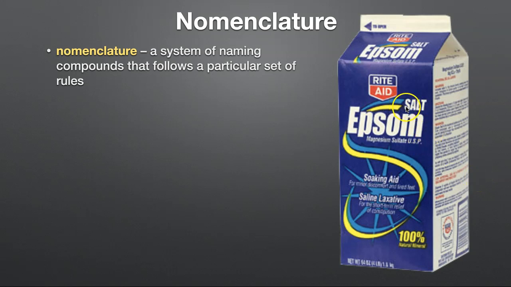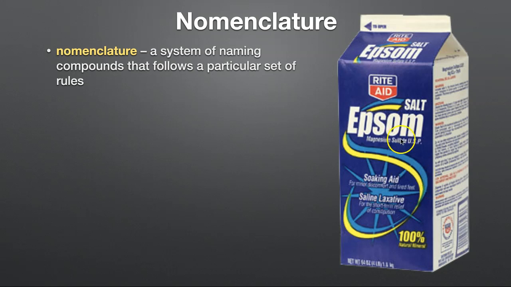And the common names that you memorize don't give a good idea to people who are new to chemistry about what might be in that compound. You know that salt is sodium chloride, but do you know what Epsom salt is? It's not sodium chloride. If you can see this subtitle here, it's actually magnesium sulfate.